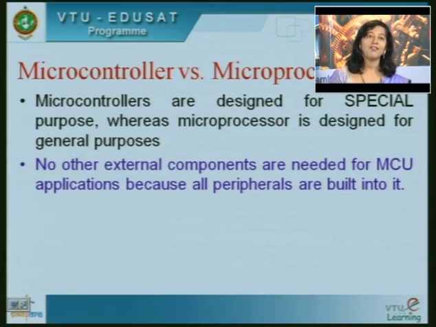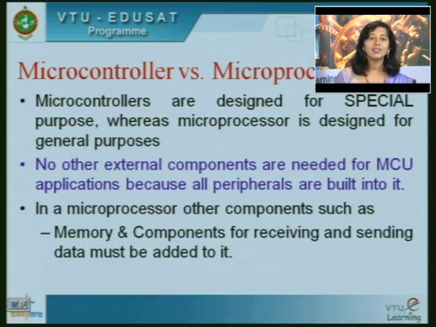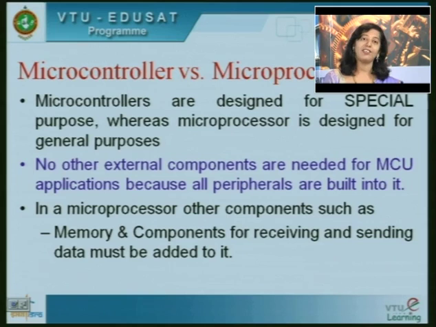So, all peripherals plus the CPU will lie on one single chip in a microcontroller, whereas in a microprocessor, memory and other peripheral components like the UART to send and receive would be outside the CPU or outside the chip, and should be interfaced or added to the chip separately.